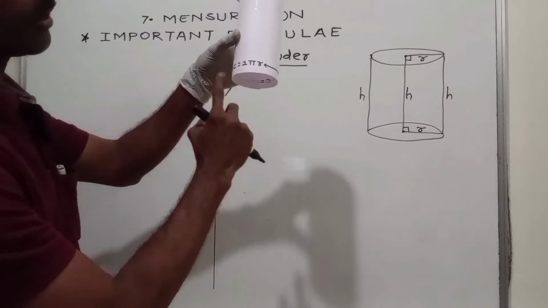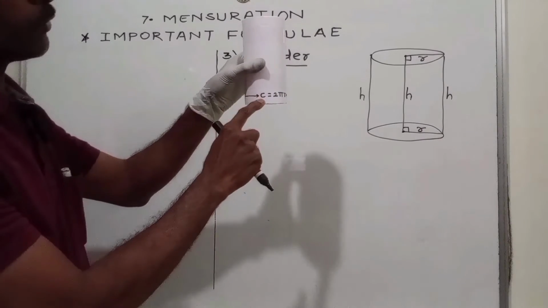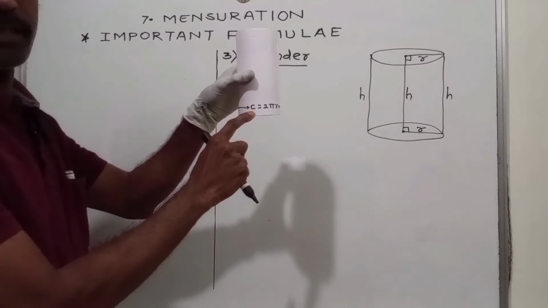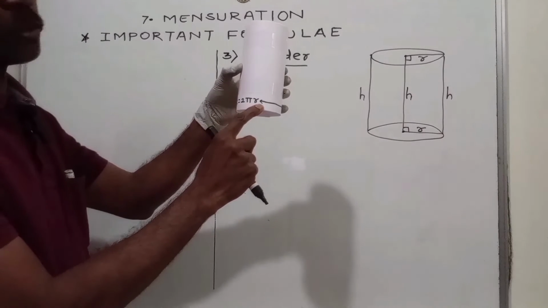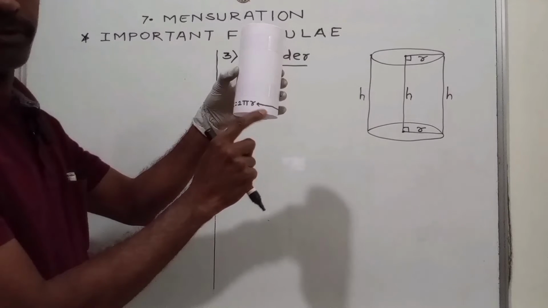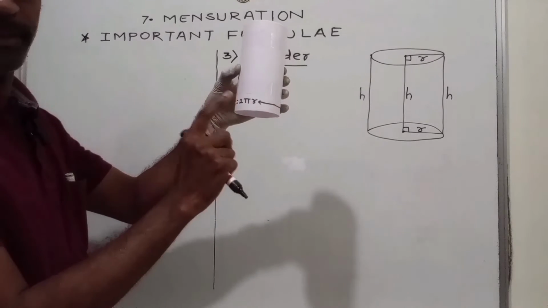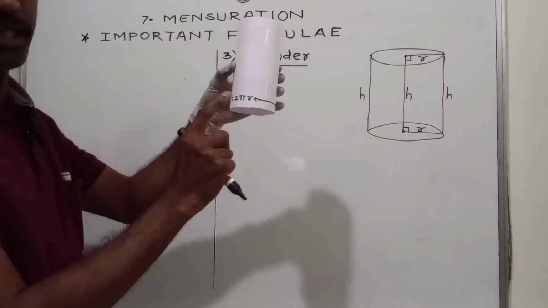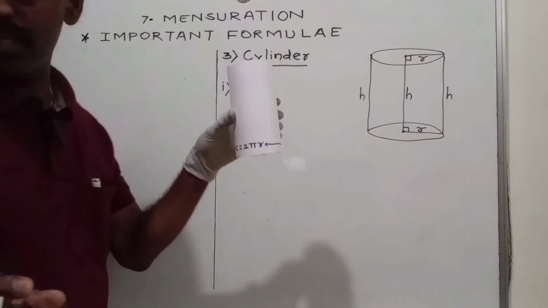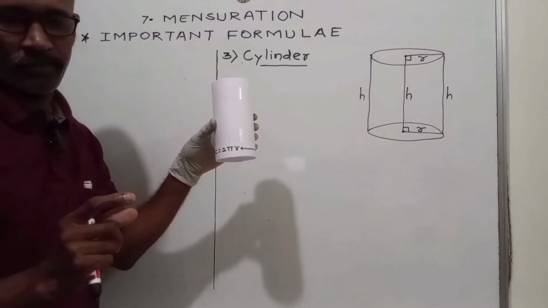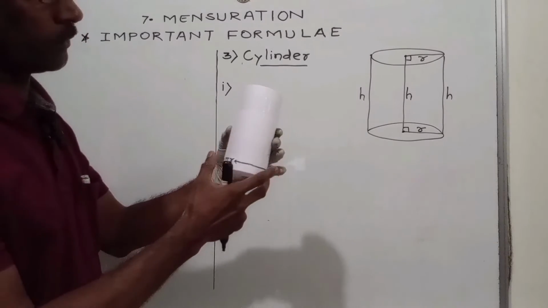When we go round, that we say circumference. Circumference is 2 pi r, or we say pi d, but here we take 2 pi r. Did you get it? When we go round, that we say circumference. Circumference 2 pi r.